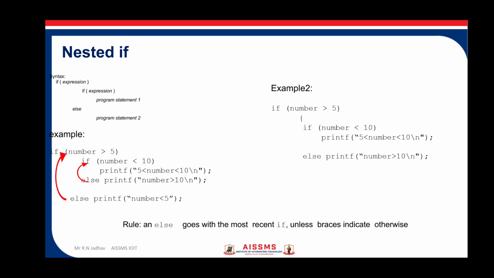But if I insert brackets like this, in this case this else does not belong to the most recent if, but it will belong to the if which is separated by the bracket. So we always have to take care whether there are brackets or not while considering to which if that else will belong.